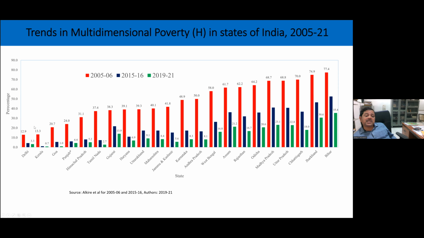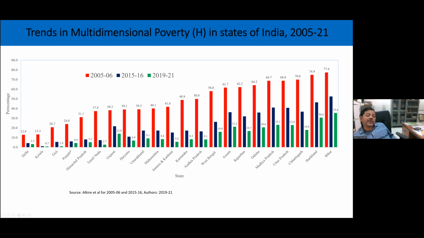These are arranged in ascending order of H values in 2005-06, the base year, and the green value here is the recent one. There has been quite a significant reduction, and this reduction was much faster in the poorer states.